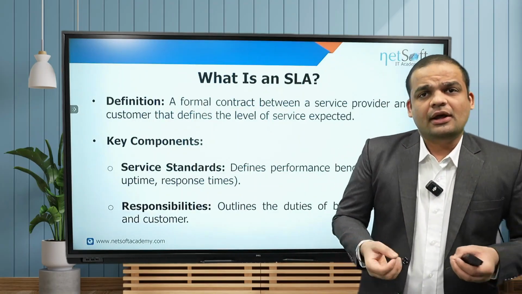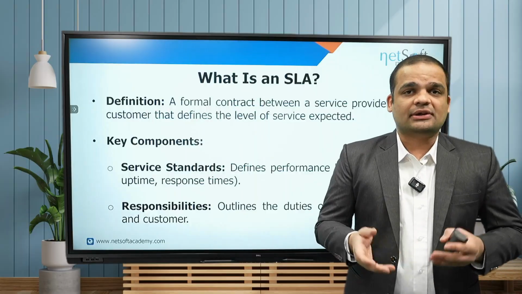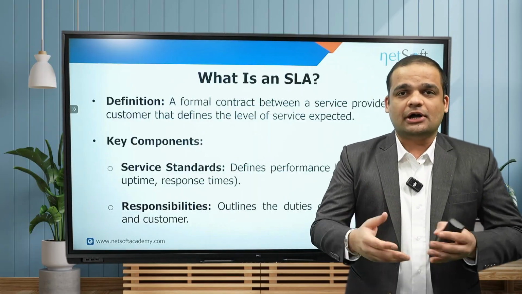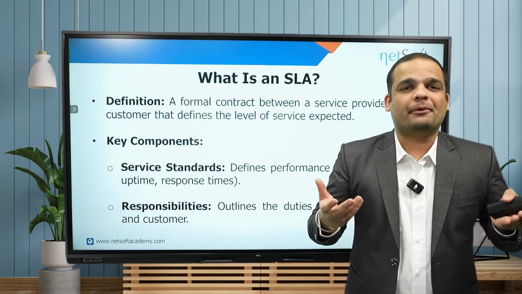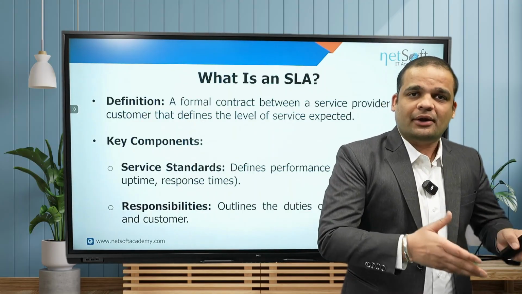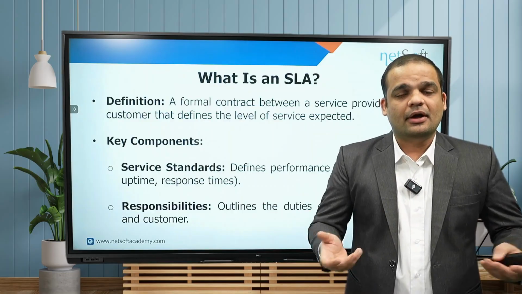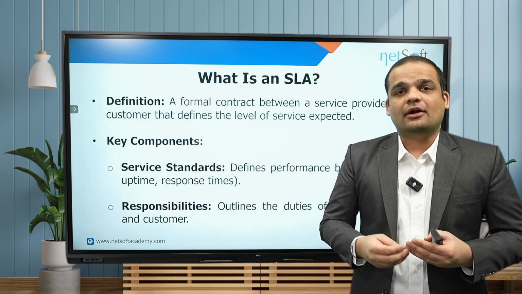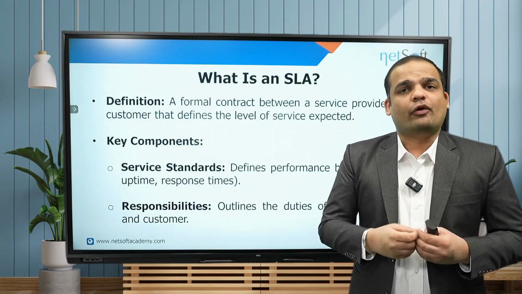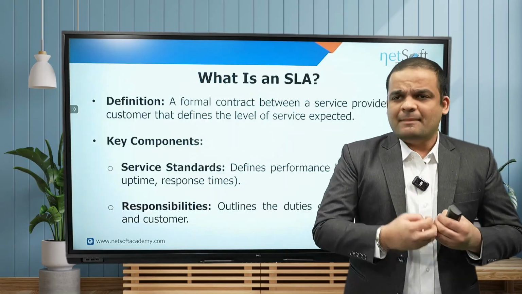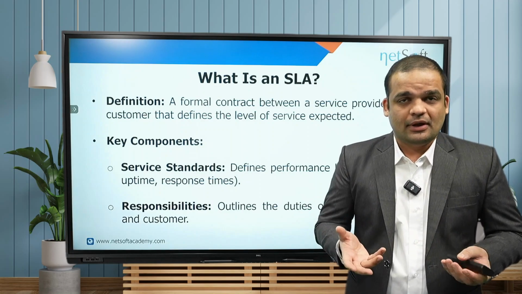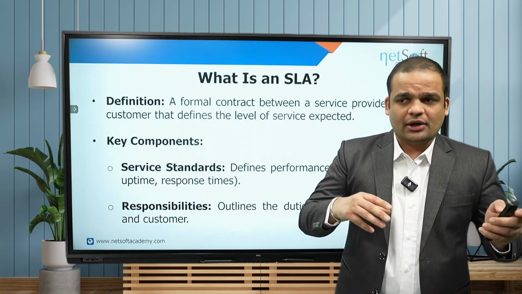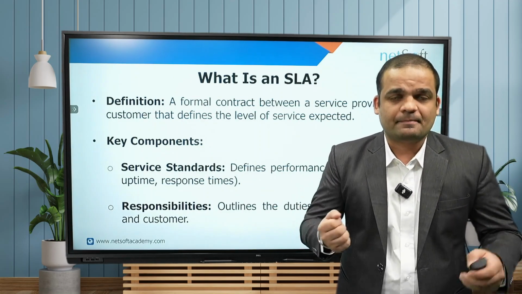For example, an SLA might guarantee 99.9% uptime, meaning the service is available and operational 99.9% of the time. It can also define the response time for addressing issues and the maximum resolution time for fixing problems. This is where the RTO and RPO concepts come in.